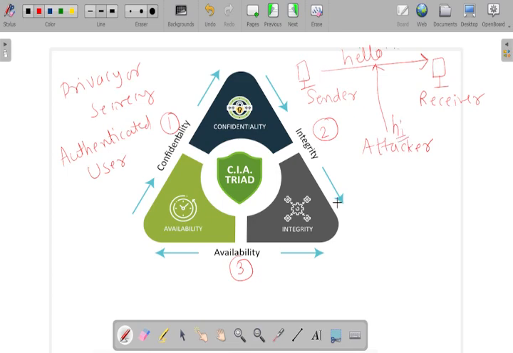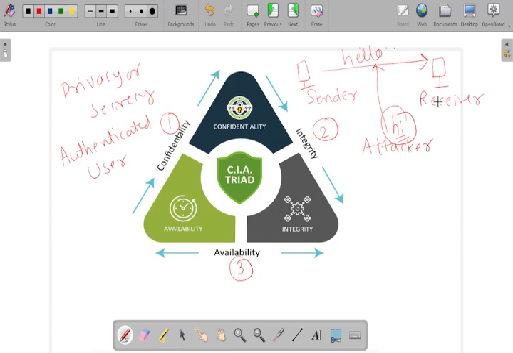So instead of hello, the attacker can send a hi message to the receiver.